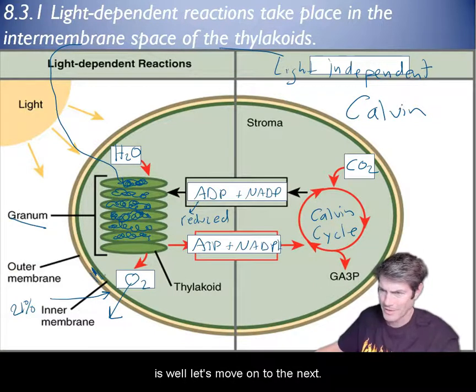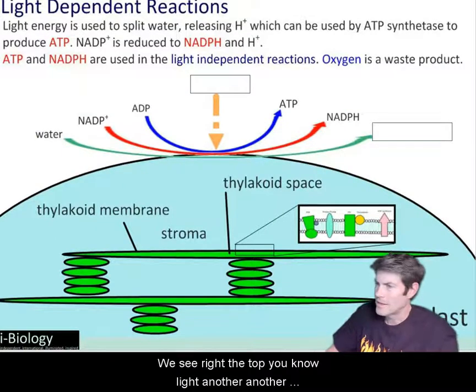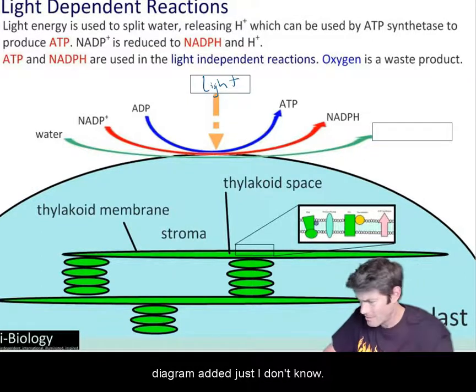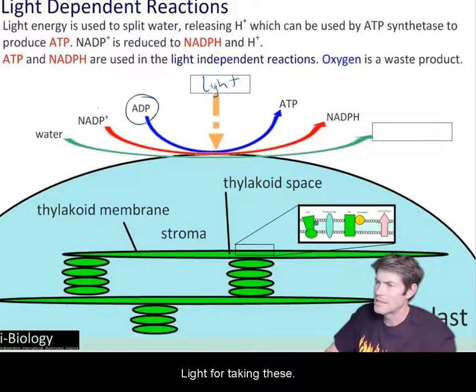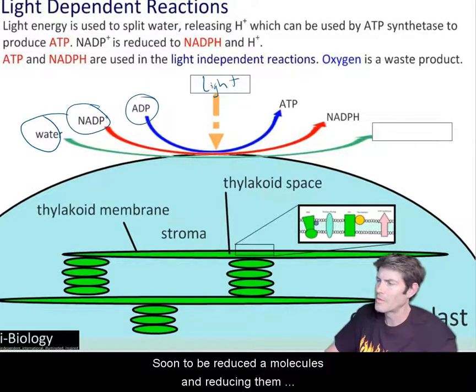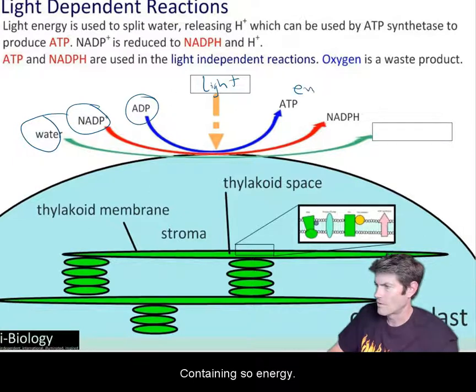Well, let's move on to the next one. Let's see. We see right at the top, light. Another diagram. I added just another way to look at it. Light, we're taking these soon to be reduced molecules and reducing them, building them into these energy carrying molecules.